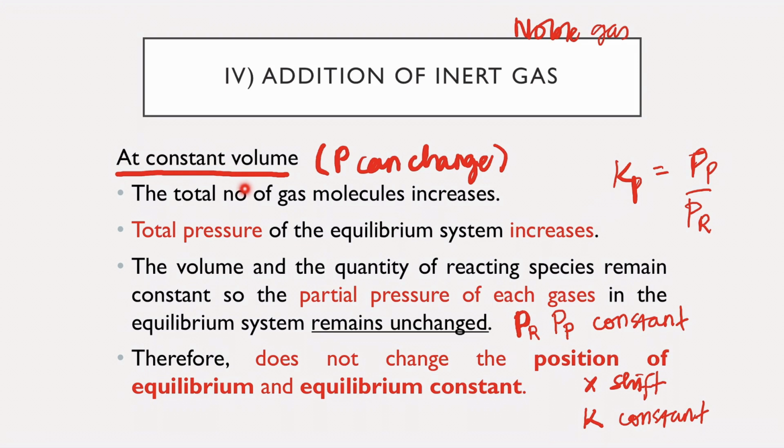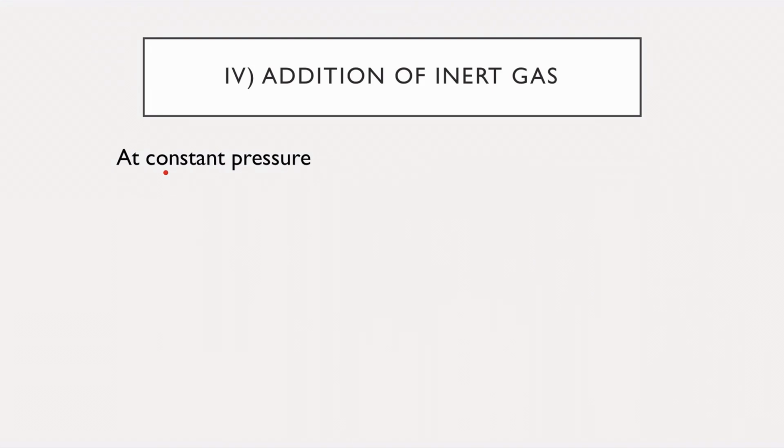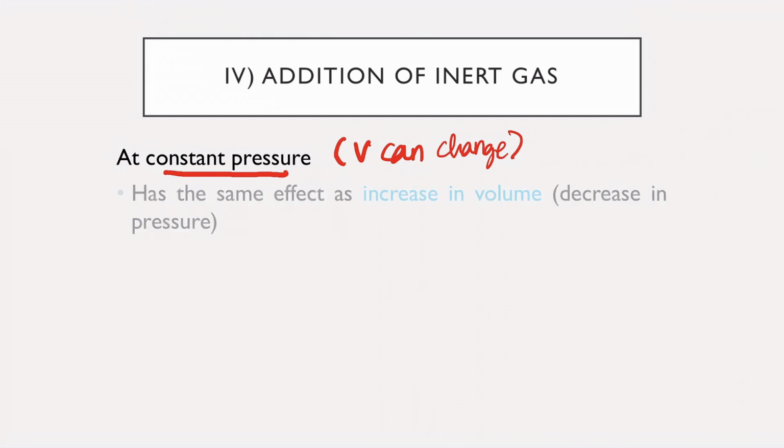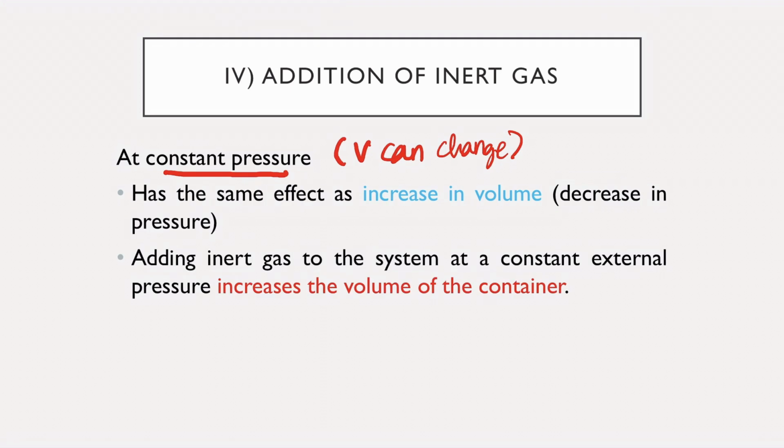So, itu constant volume, okay? Ingat, for constant pressure pula. So, constant pressure maksudnya your volume can change. Volume can change, but pressure cannot, okay? So, this has the same effect as increase in volume, decrease in pressure. So, kalau increase in volume, then pressure decrease. Ingat tak?